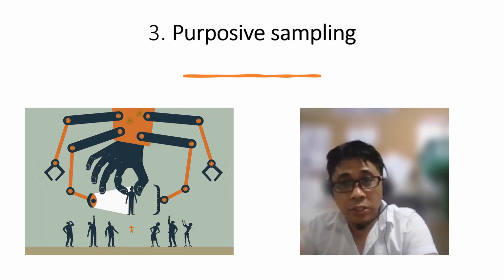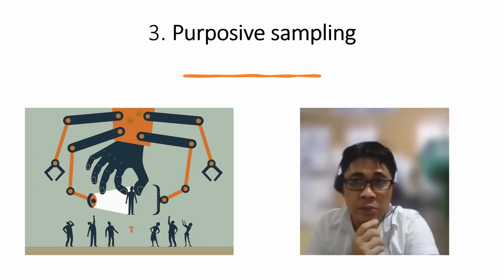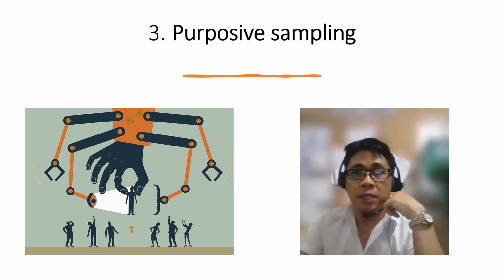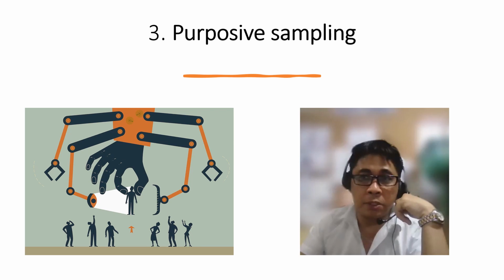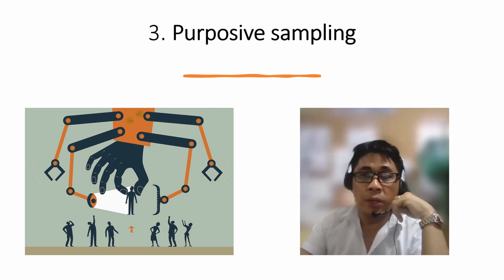Please focus your attention on purposive sampling. This type of sampling involves the researcher using their judgment to select a sample that is most useful to the purposes of the research. It is often used in qualitative research where the researcher wants to gain detailed knowledge about a specific phenomenon rather than make statistical inferences.